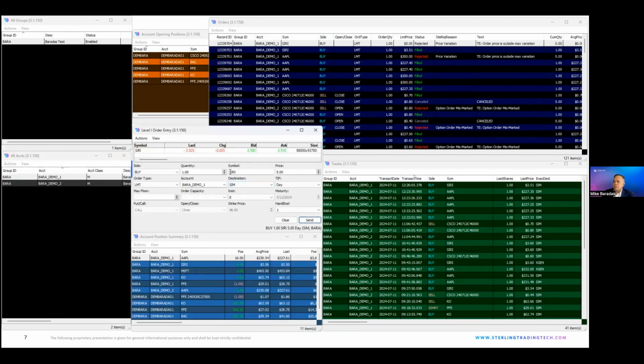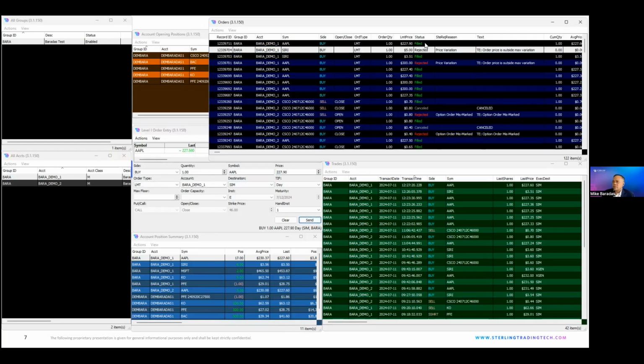So let's do a quick check again, buying Apple. If I send 1 order, it's less than the 5 share limit I put in, so it'll accept that order. The order goes through and gets filled.